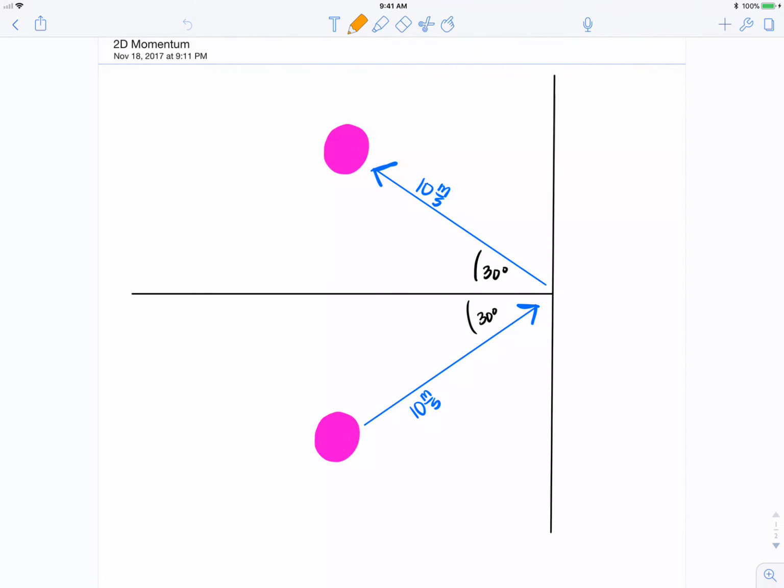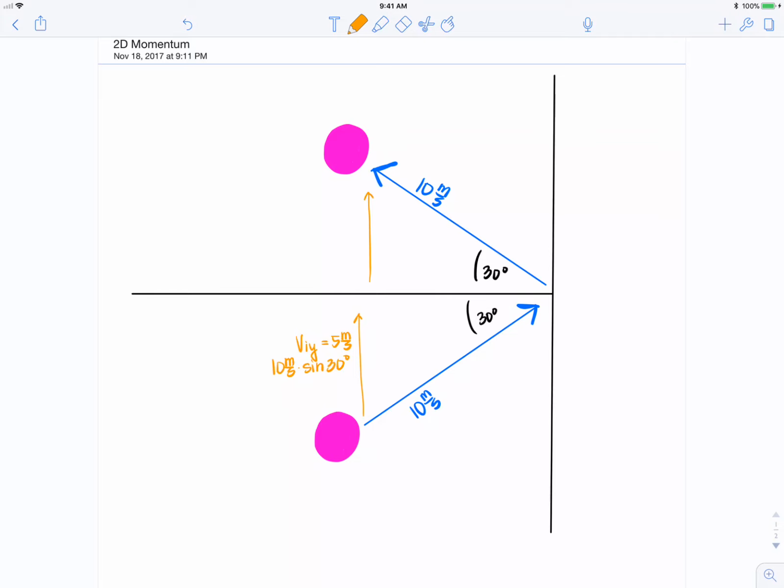So the vertical component of our incoming velocity, VIY, is going to be equal to 10 meters per second times sine of 30, and that's equal to 5 meters per second. Now if you look at the angle at which the puck comes off of the wall, it's another 30-degree angle.